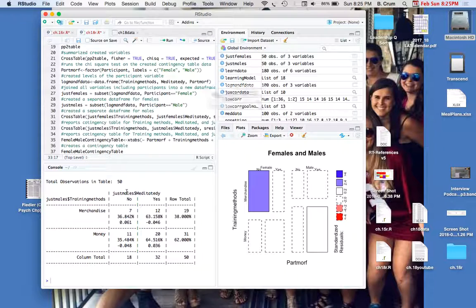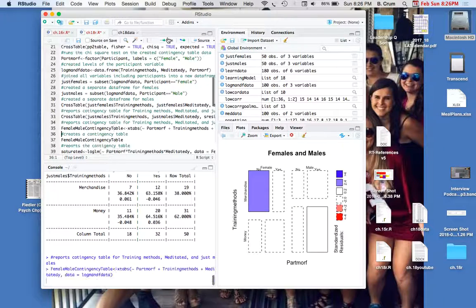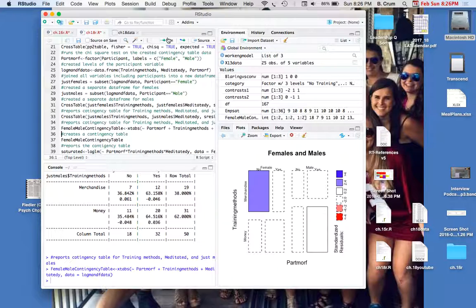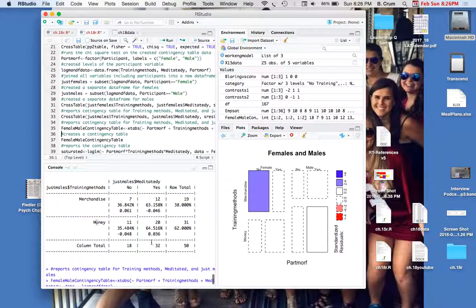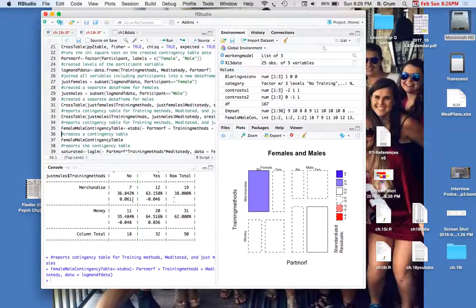So next, I need to pull my cursor on down to right here. And this is where I bind the data together from both of the created contingency tables using the xtabs function. And then I report it, and it shows the same results from before, but in a different view. It's the exact same results as we saw before.